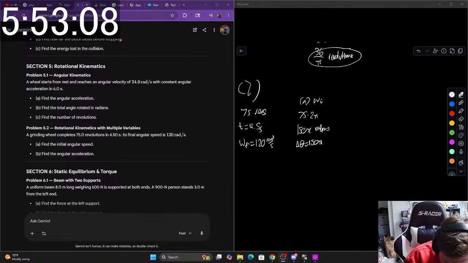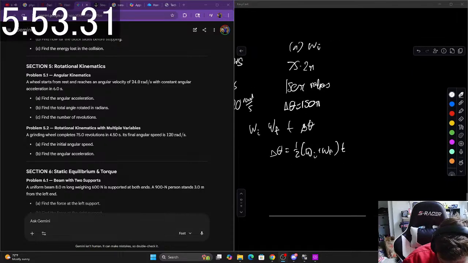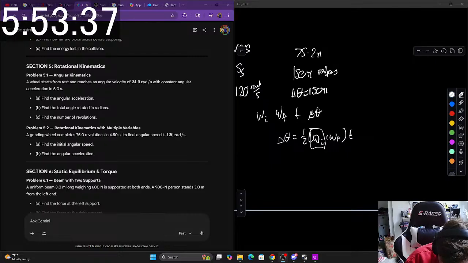So we need Wi, Wf, t, and change in theta. So no angular acceleration. Oh, it's the same one we used before. We need to solve for Wi. Cool.